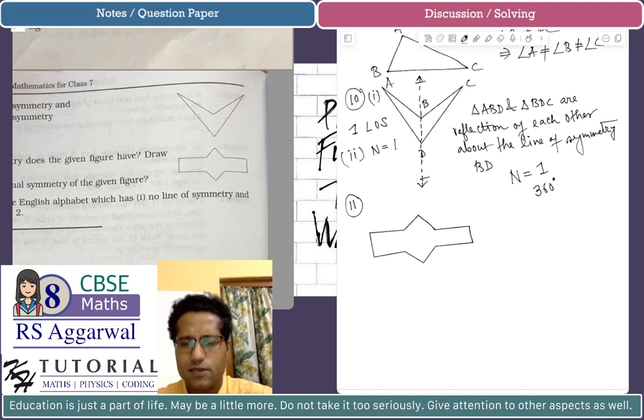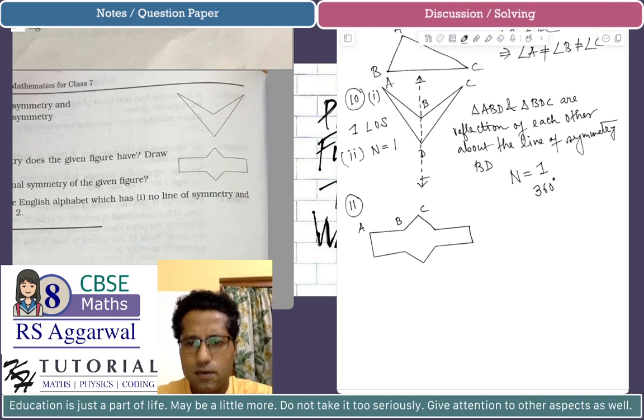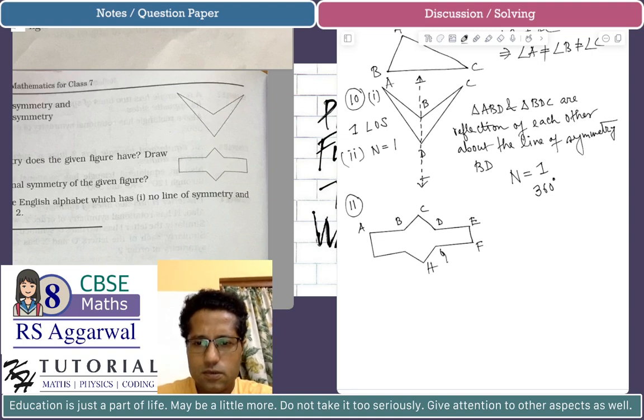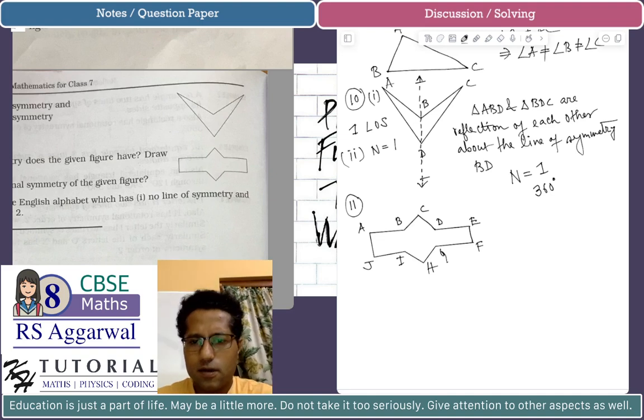So definitely we can say that if you mark the vertices, corners A, B, C, D, E, F, G, H, I, J, then the line joining the corners C and H is one line of symmetry.